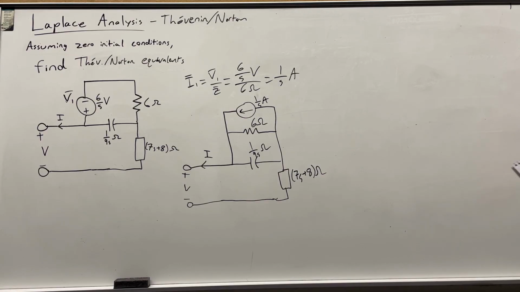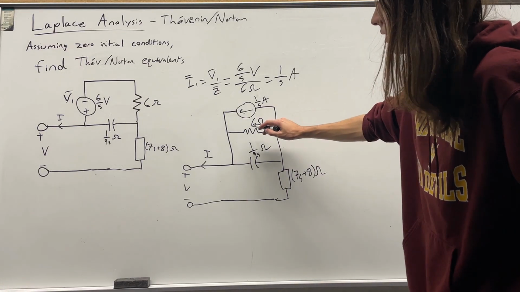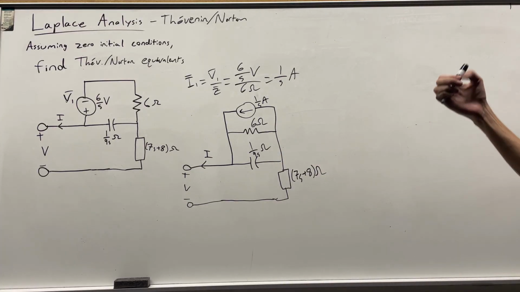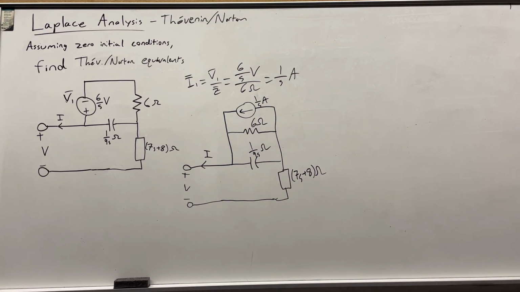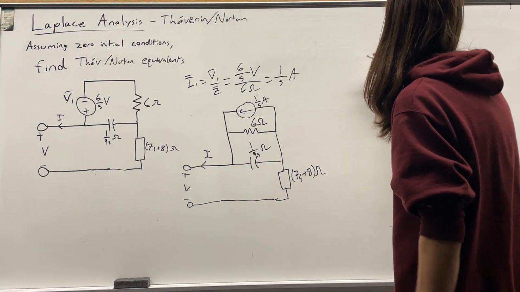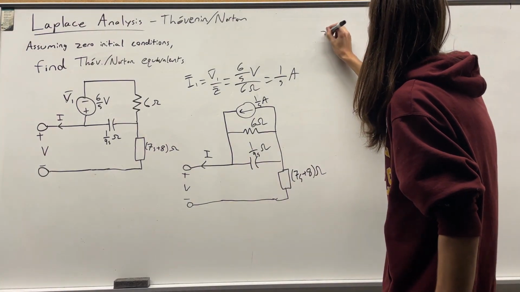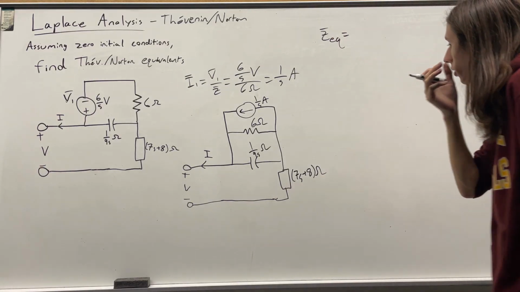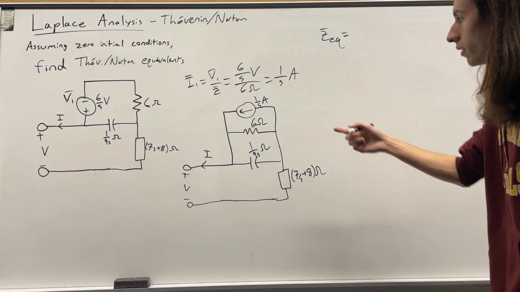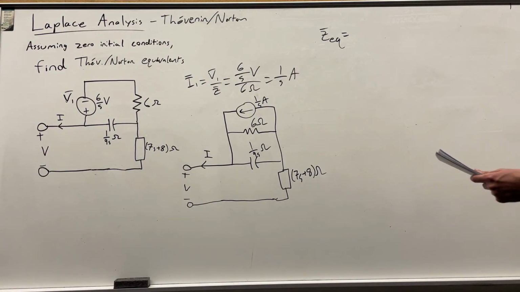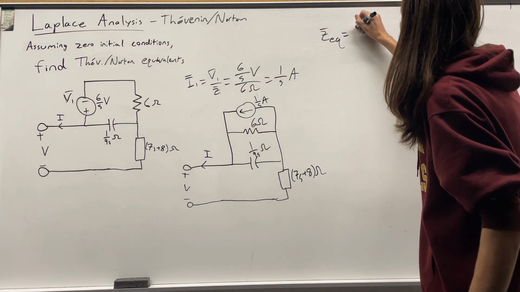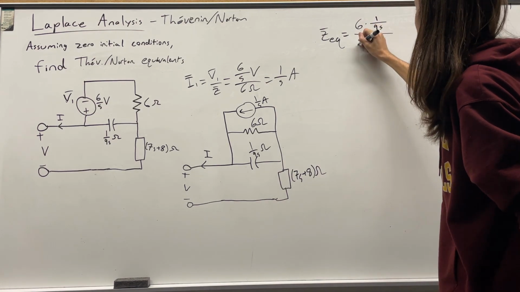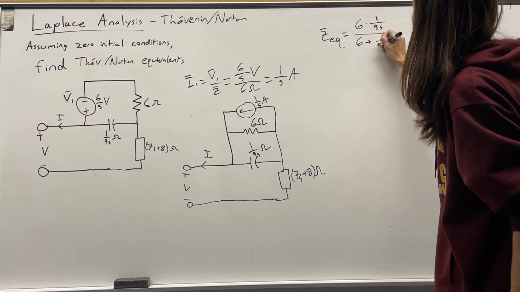Okay, so now we can combine the 6 ohm resistor and the capacitor, because they're in parallel. So to find their equivalent impedance, say Z equivalent equals the product over the sum. So 6 times 1 over 9S all over 6 plus 1 over 9S.